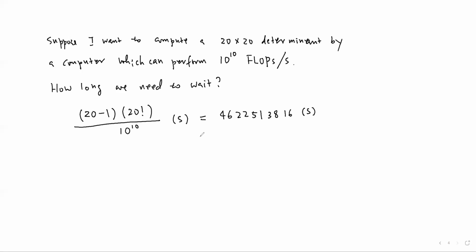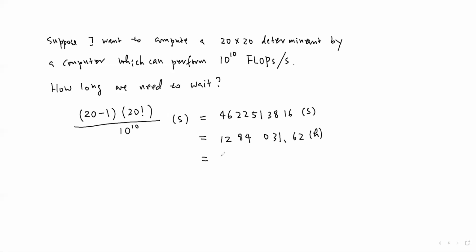In hours, how many hours? Divide this number by 3,600 seconds. It is 1284,031.62 hours. How many days? One day has 24 hours, so I divide this number by 24.